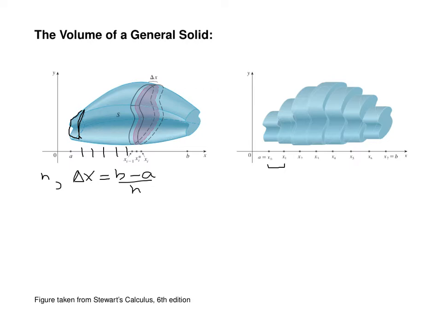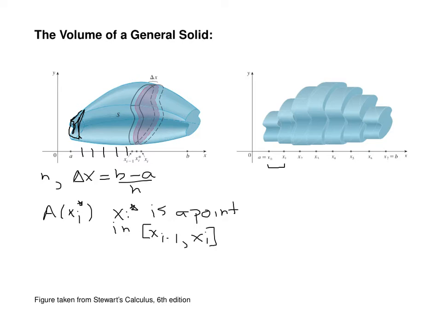So to approximate the volume of this piece, you find the area of the base times the height. The area of the base will be A of x sub i star, where x sub i star is a point in the interval x sub i minus 1, x sub i.